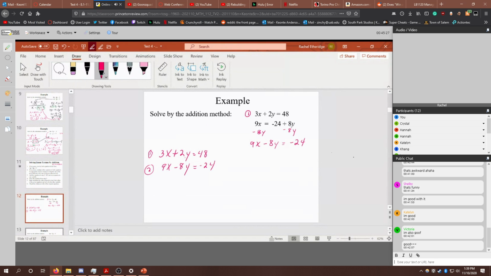So it doesn't matter which one you do, but you need to do one or the other. So what I'm going to do is multiply both sides of this equation by 4.